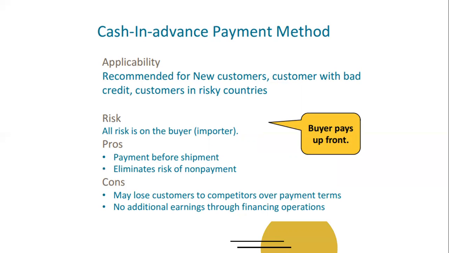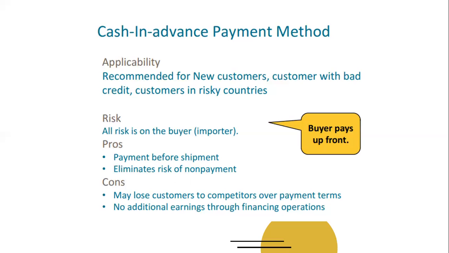I want to talk to you a little bit more about each one of these situations, starting with the cash in advance payment. Again, this was a situation where goods have not been received, but the payment is made in advance. This is sometimes done for new customers, or with a customer that has really bad credit, or who is coming from a very risky country.